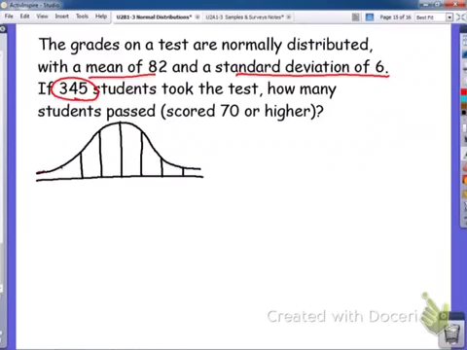Did you get one of 82 is the mean, standard deviation is a 6, so 82 plus 6 is 88. 88 plus 6 is 94. 94 plus 6 is 100.